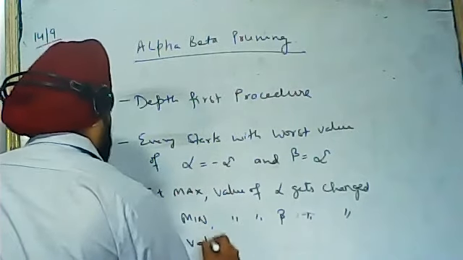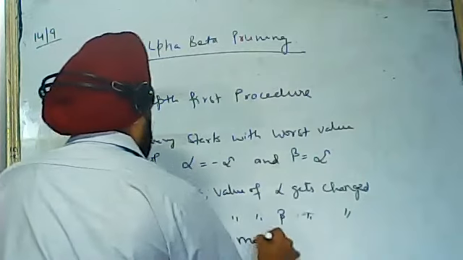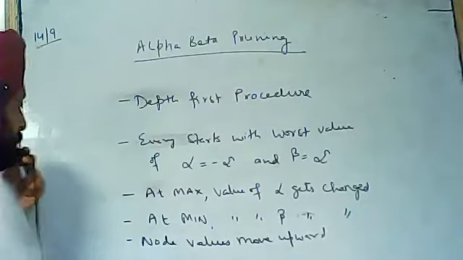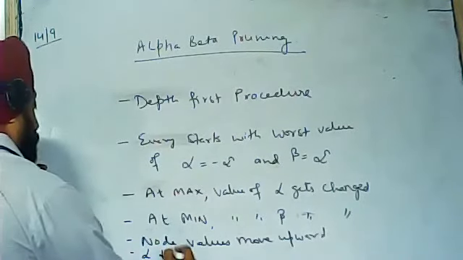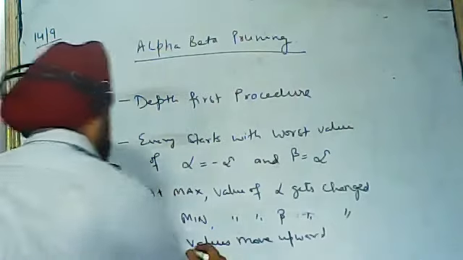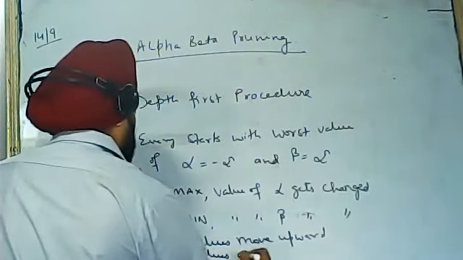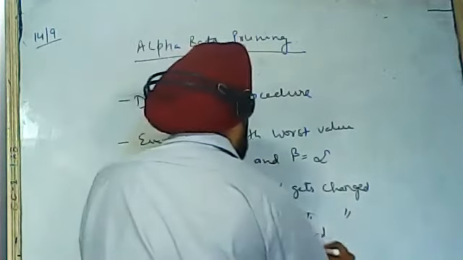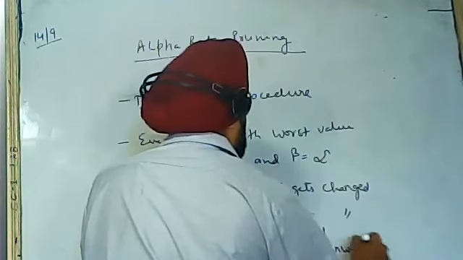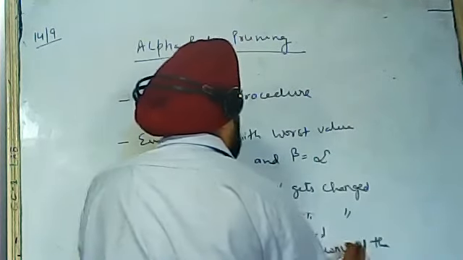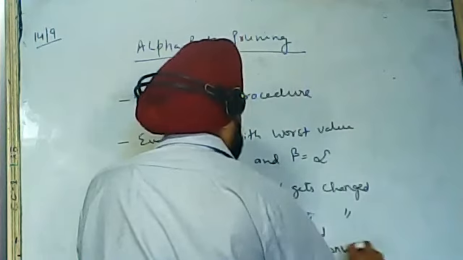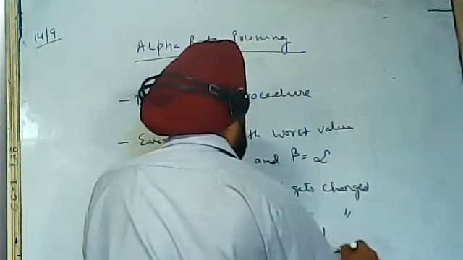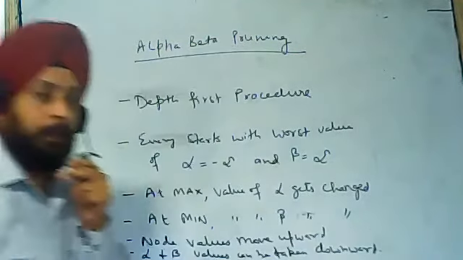Node values move upward. Alpha and beta values can be taken downward, taken down the tree.